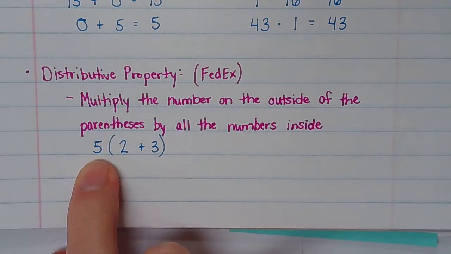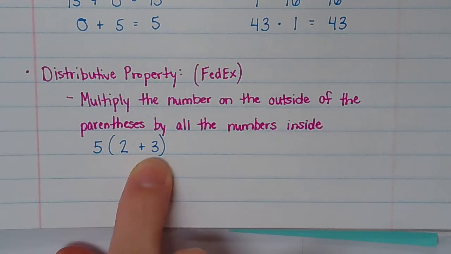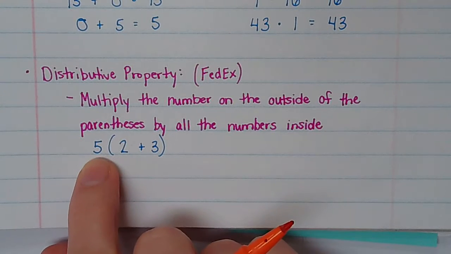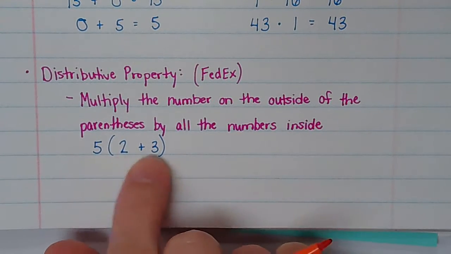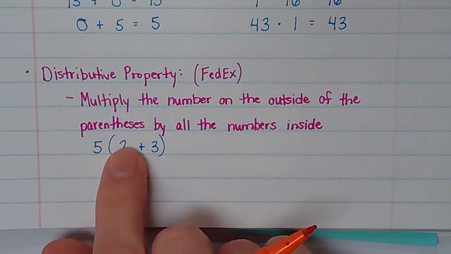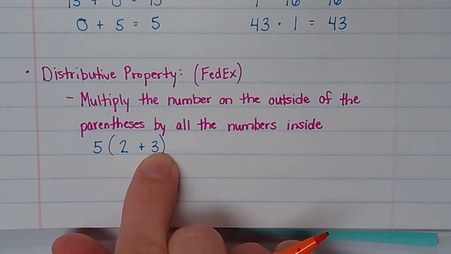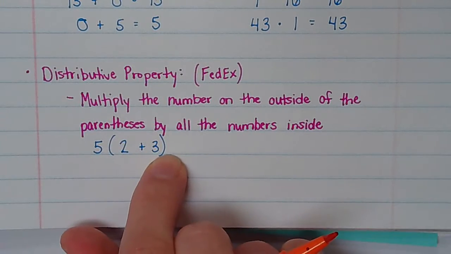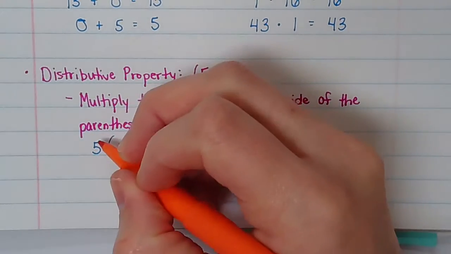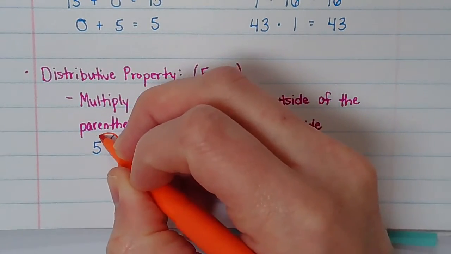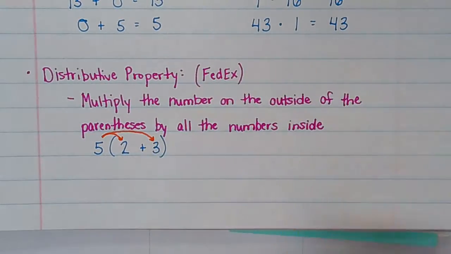So whatever number's out here has to be delivered to both numbers in here. So imagine if this is the FedEx truck. If FedEx has a package for both of these houses, it's not like FedEx is just going to go to this house and then not deliver this house's package. It has to go to both houses to deliver the package. So we draw arrows so that we don't forget that it does have to go to both of them.